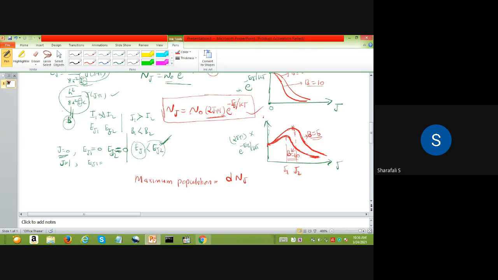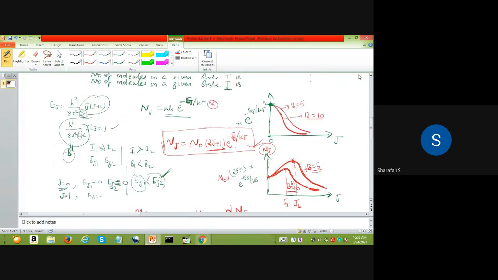Whatever we have on this axis is nJ. If you are plotting this with nJ, then you have to multiply by nJ. Otherwise, it is just a normalized value. Maximum is 1.